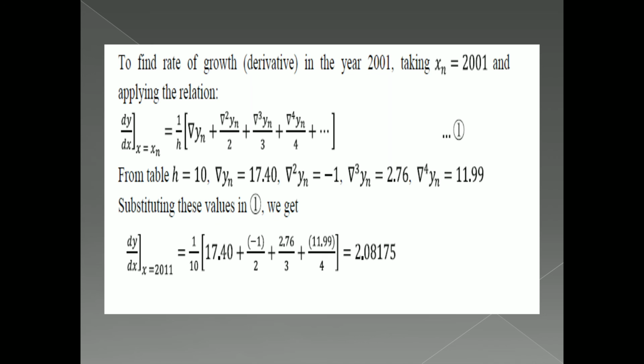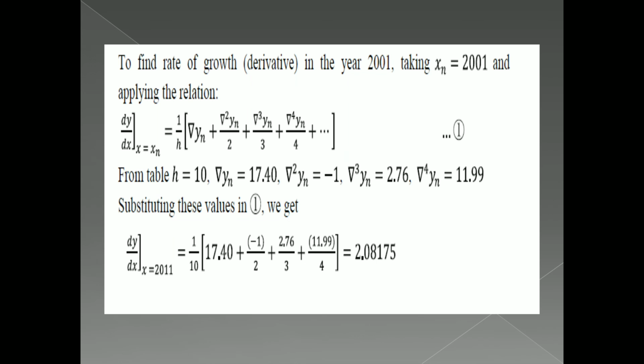Substituting all these values in equation 1. Equation 1 indicates the derivative of y with respect to x by using Newton's backward formula. After substituting all these values, we get the derivative of y with respect to x at x is equal to xn, that is 2.08175.